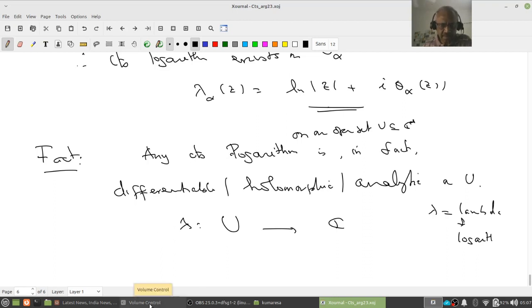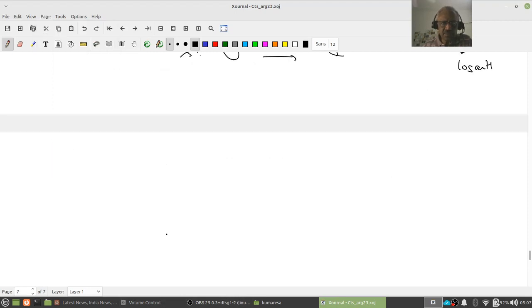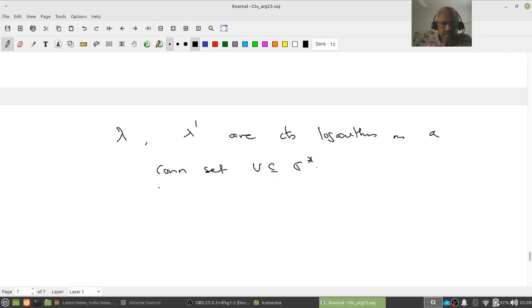Now let's ask the next question. Suppose lambda and lambda prime are continuous logarithms on a connected open set. Then we know that lambda must be lambda alpha for some alpha.